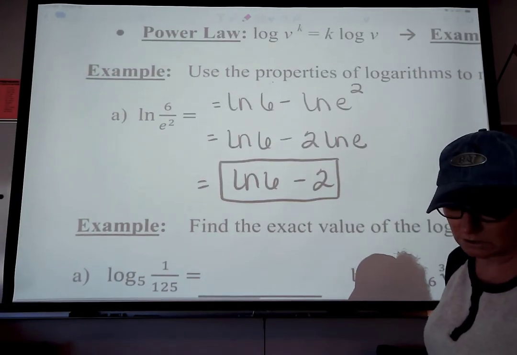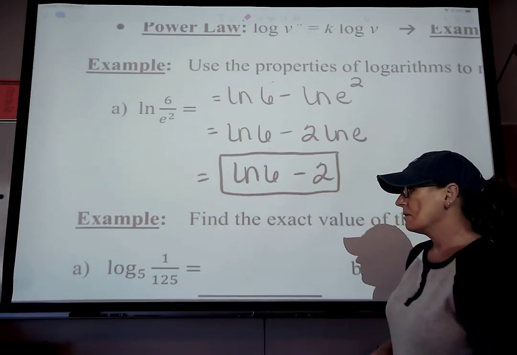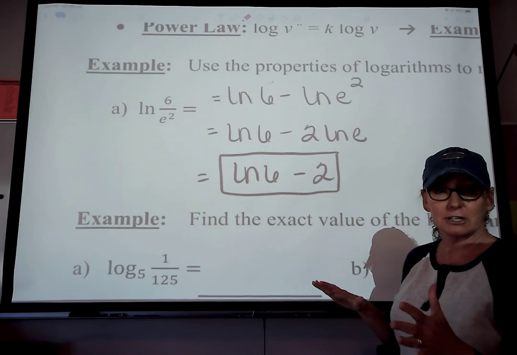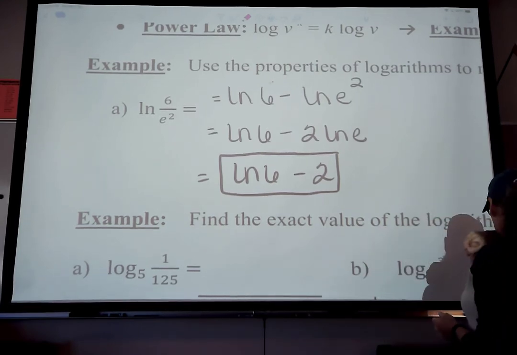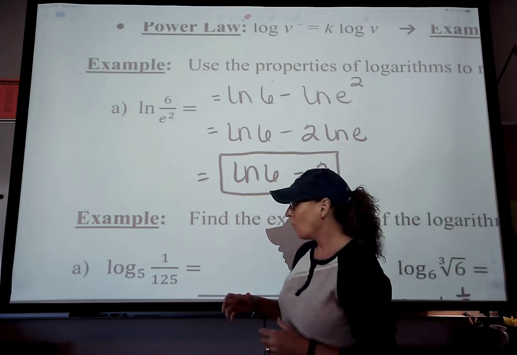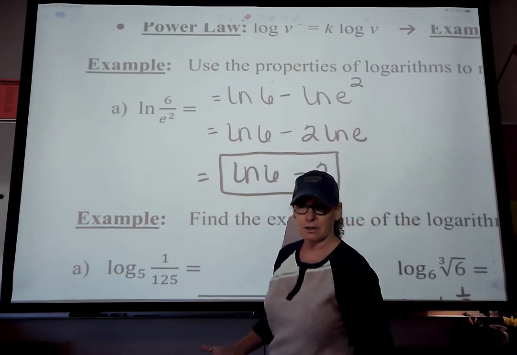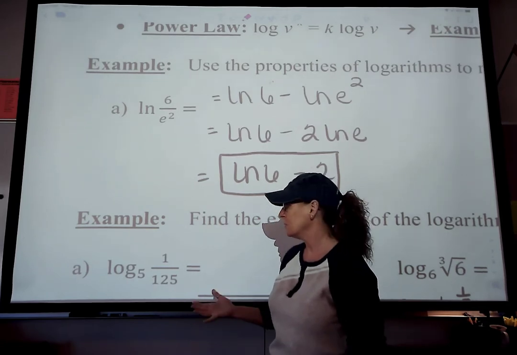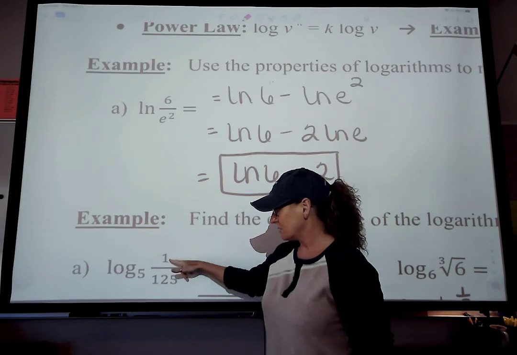Okay, more. Let's figure out this logarithm. Yes, you could change it to exponent notation, or exponential function. Or you can use properties of logarithms. Since we're on properties of logarithms, that's today's notes, I'm going to use properties of logarithms. So I'm going to separate it. Right now it's division.